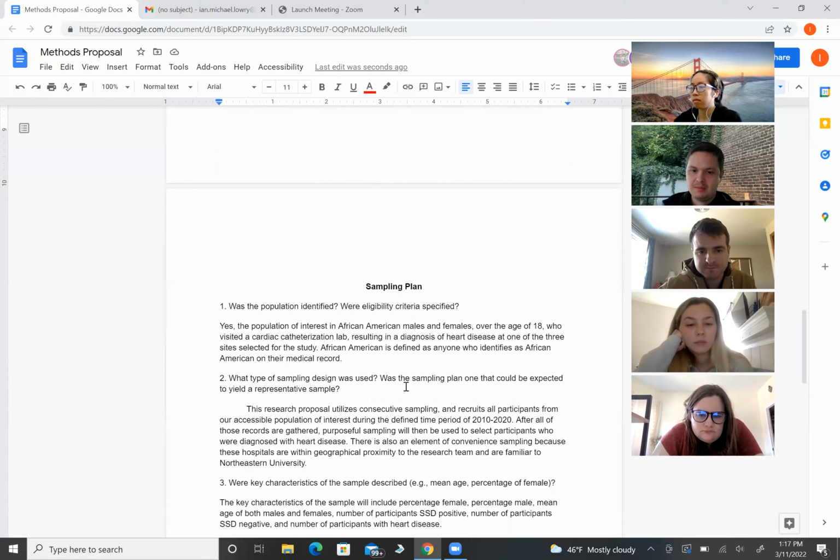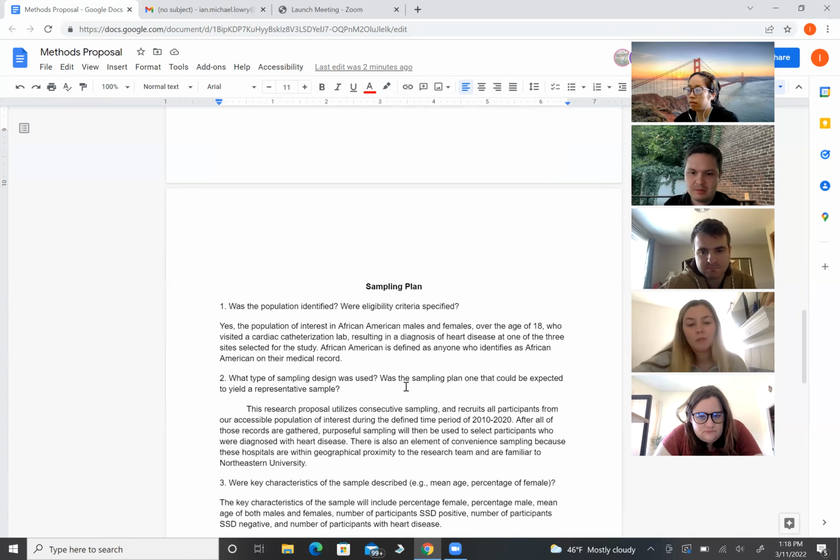Okay, so what type of sampling design was used? Was the sampling plan one that could be expected to yield a representative sample? The research proposal utilizes consecutive sampling and recruits all participants from our accessible population of interest during the defined time period. So for the proposed sample, we're going to look at every patient that went to the cath lab during those 10 years. We're not grouping them. We're not doing a random sample.